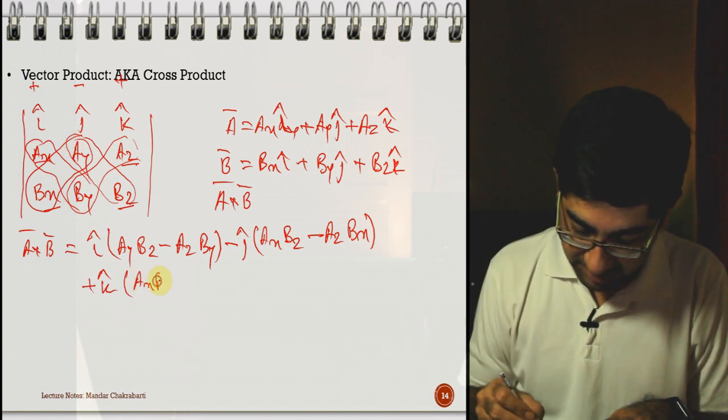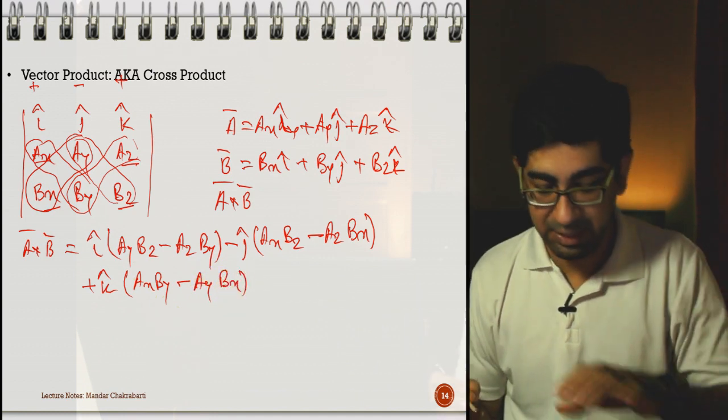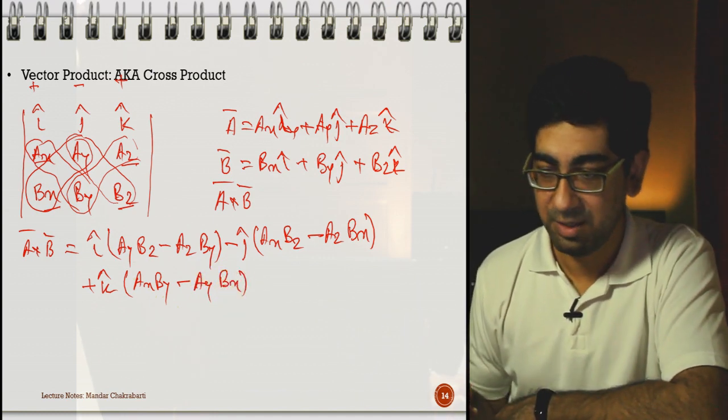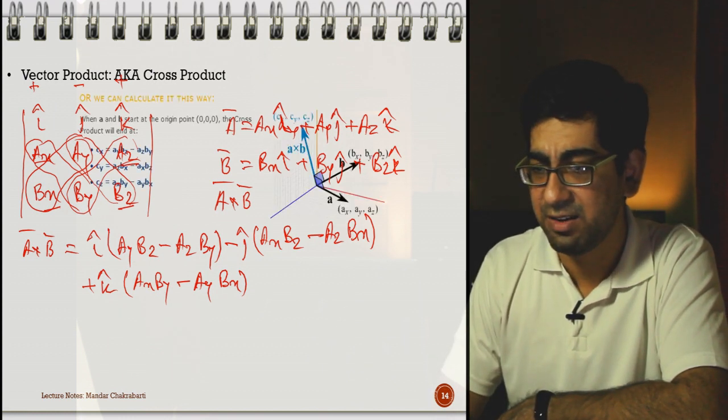So ax by minus ay bx. Okay, so this is the final result and you can verify it.